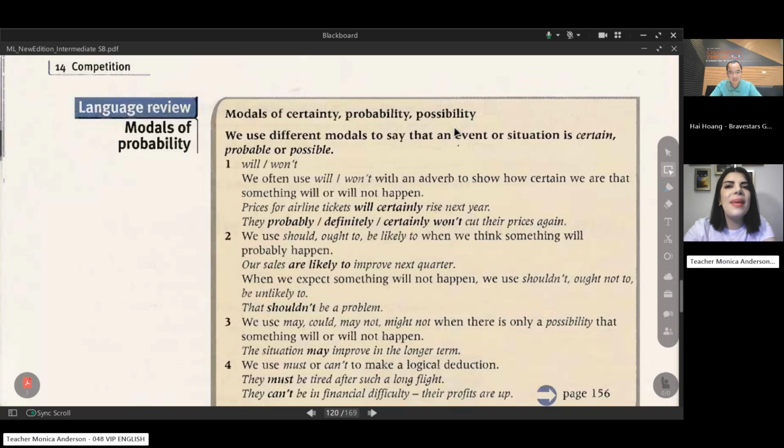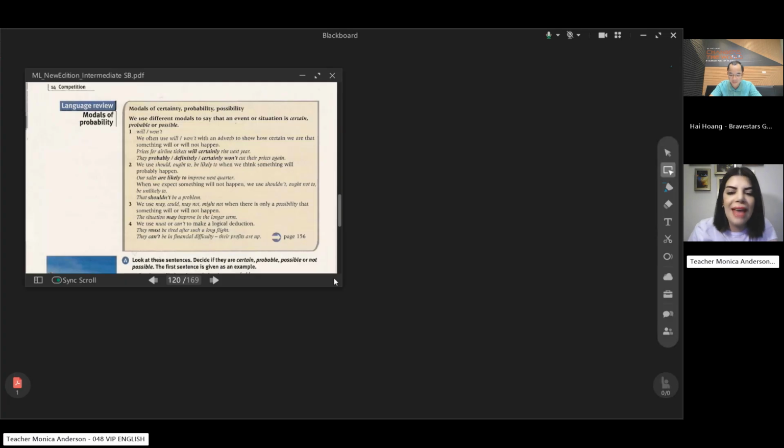Actually, as the name indicates, when you want to indicate a high degree of confidence or certainty about a situation, you use modals of certainty. And the most common one, maybe something that we always use, the base one, is must.